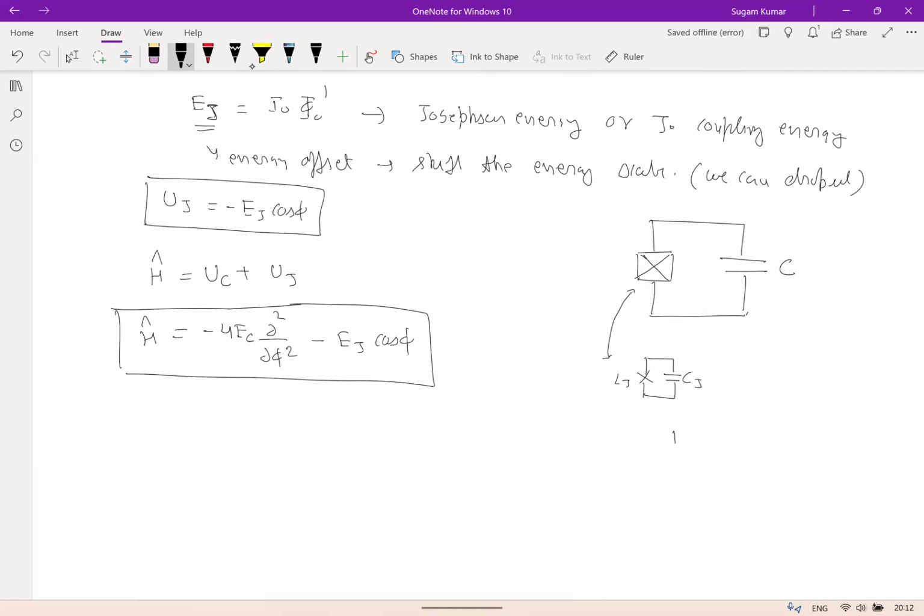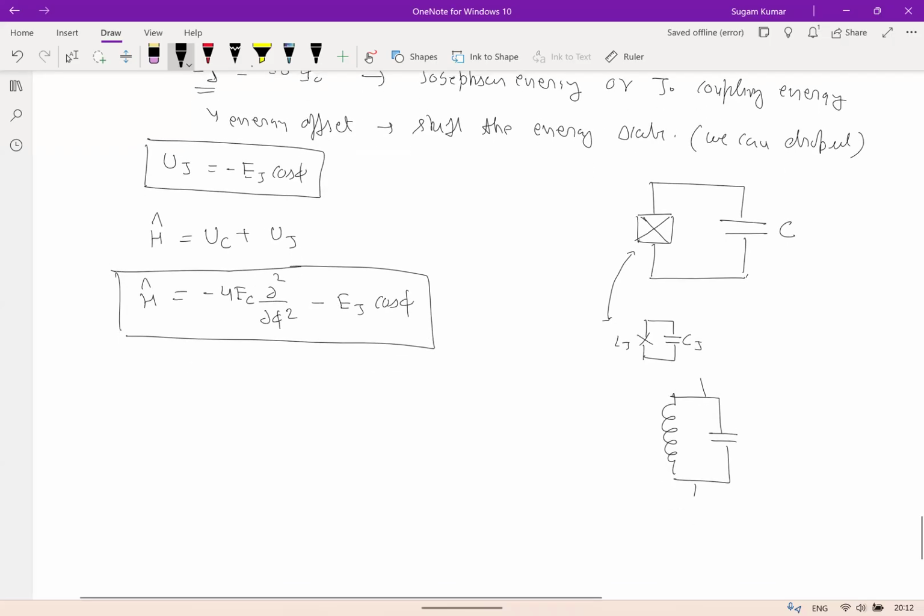So when you had a normal inductor and a capacitor, in this case this H was minus 4 EC del square del phi square, plus phi square by 2L, correct?